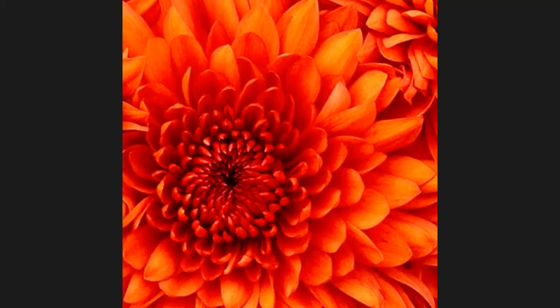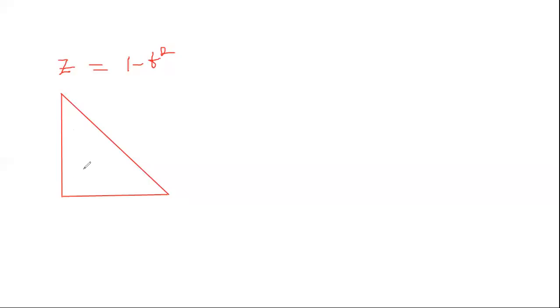So that is our triangle. After getting our triangle, this was x, this is 1 plus t squared, this is 2t, and this is 1 minus t squared.